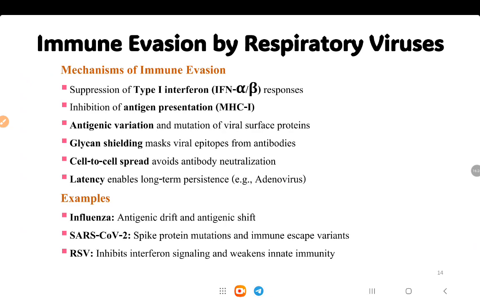How can these viruses escape from the immune system? Immune evasion by respiratory viruses: respiratory viruses have evolved different mechanisms to evade the host immune response. By what?